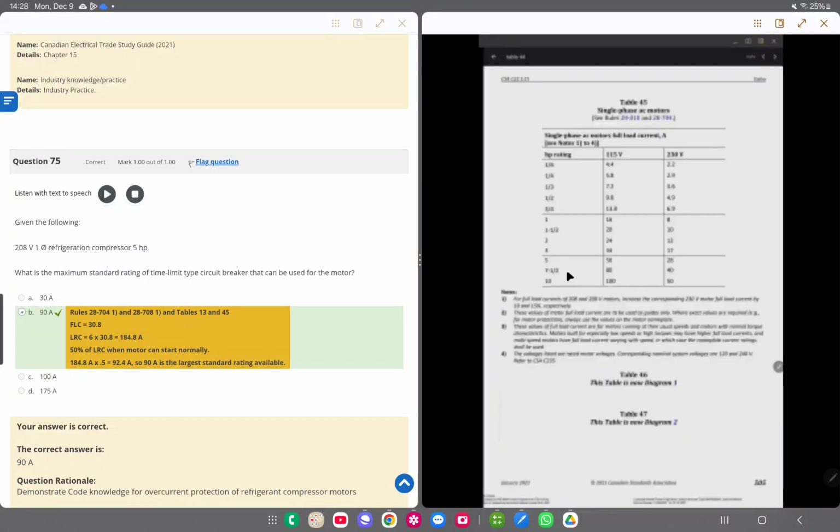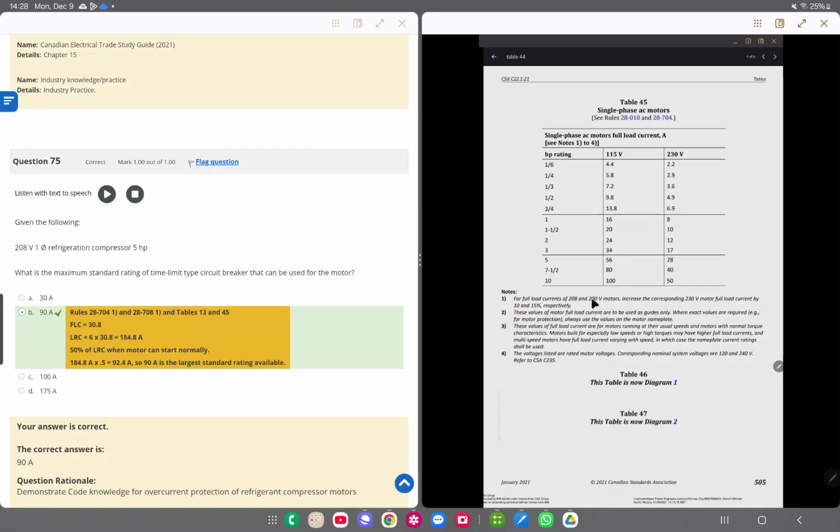And we want our FLA. So we got single phase here, and we got 208. It says for full load currents of 208 and 200 volt motors in the notes here, increase the corresponding 230 volt motor full load current by 10 and 15% respectively.